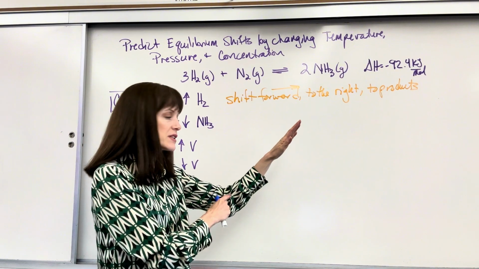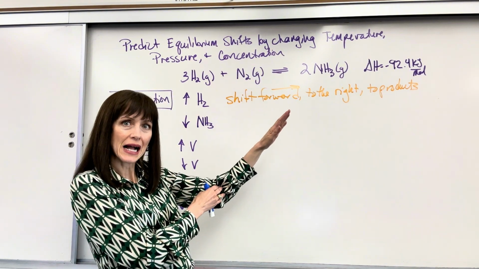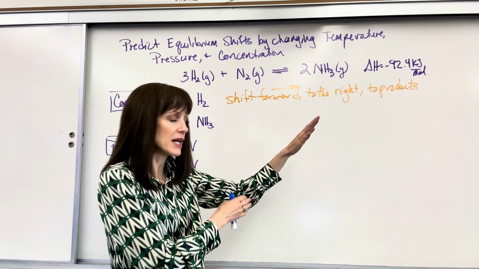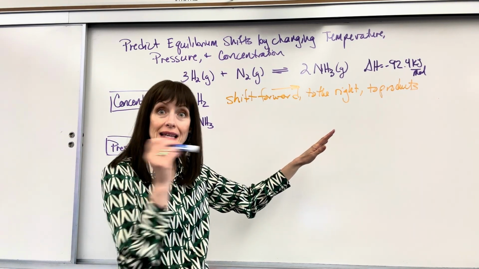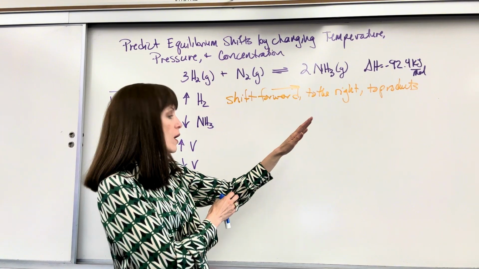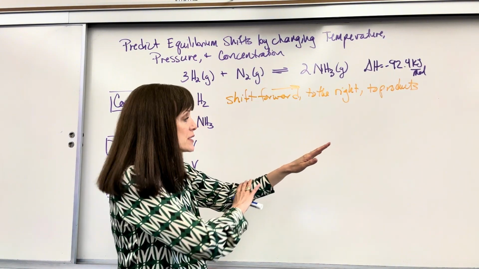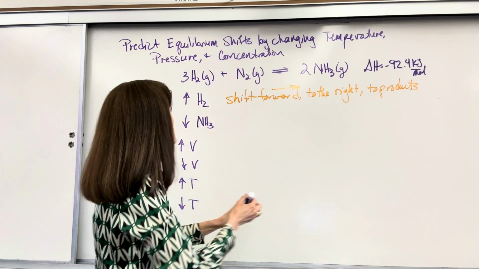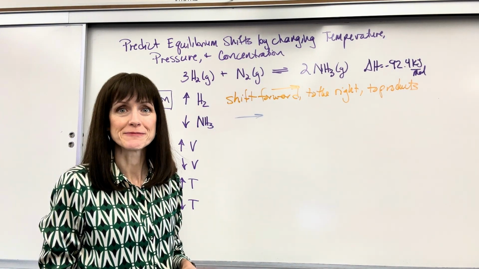So I'm thinking whichever side's lower, that's the one that has more. Again, this reactant side has too many. It has more reactants than what we have at our equilibrium. And so more reactants, more collisions, this rate speeds up and it's going to shift forward. So this also will shift in the forward direction.